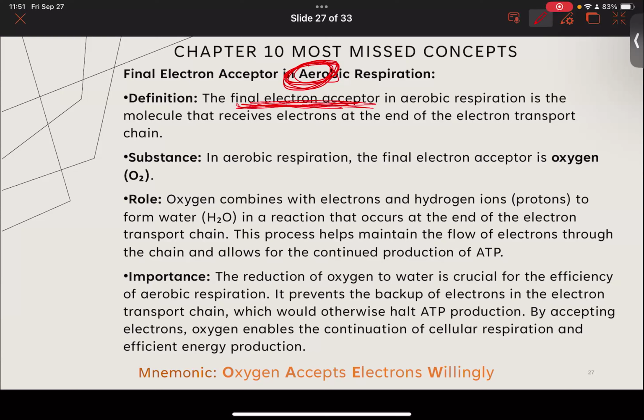So the final electron acceptor, the whole end of it: you've moved your electrons through your little cytochromes to make your H plus gradient, and the H pluses are coming back in. You've got to get rid of the H pluses, but you also have to get rid of those electrons, because they will build up at that chain, and then you can't move them through to pump more hydrogens across. So we've got to get rid of both the negative and the positive byproducts: the negative being the electrons, the positive being the H pluses.